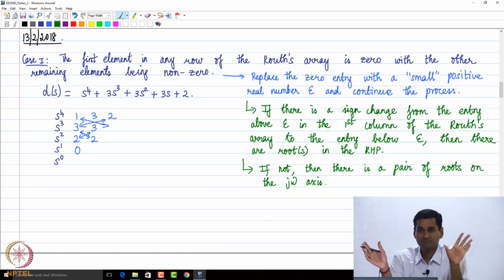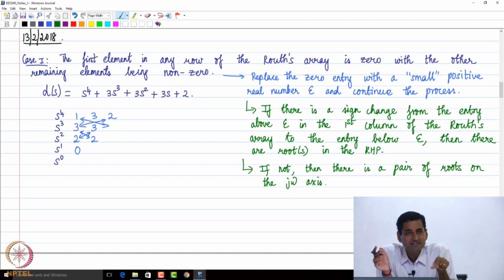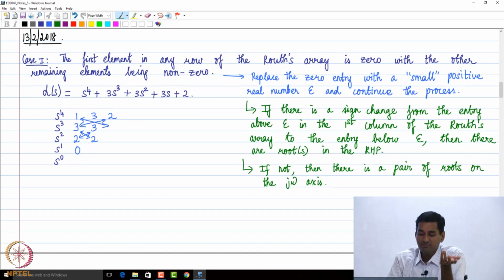Then you replace that 0 element, which is the first entry in that row, with a small number epsilon. Why should I do that? Because if I want to continue and calculate the s power 0 row, I have a problem: if I do 0 times 2 minus 2 times null entry, divided by 0, I get 0 by 0.